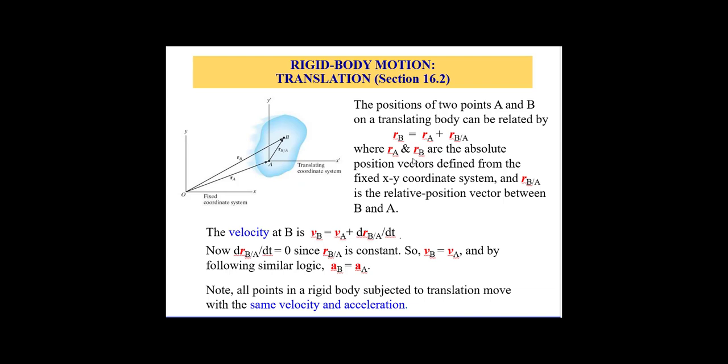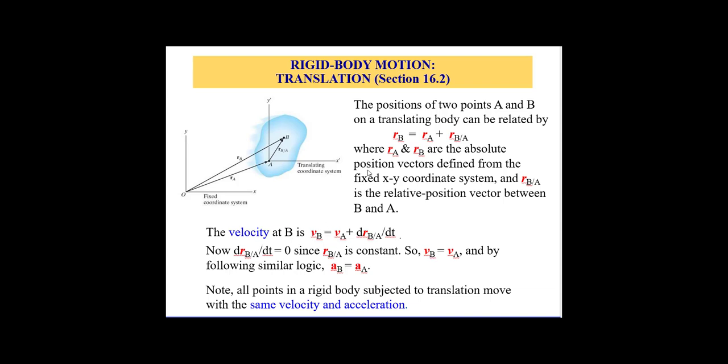Taking the derivative of this position, and assuming that this body is only undergoing translation, meaning r_B/A is simply zero, meaning it doesn't rotate because both of them move at the same rate, therefore their velocities are equal.